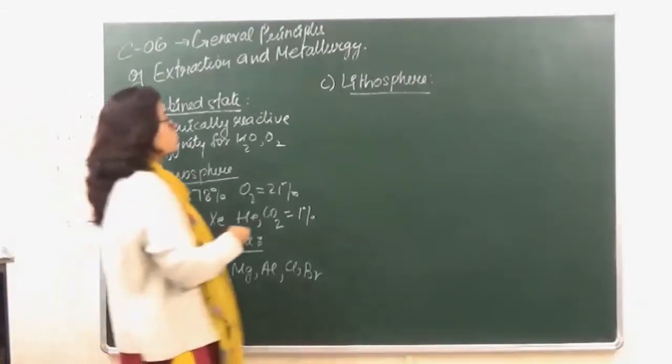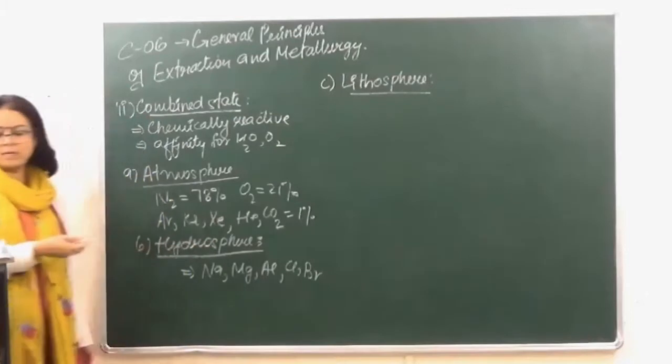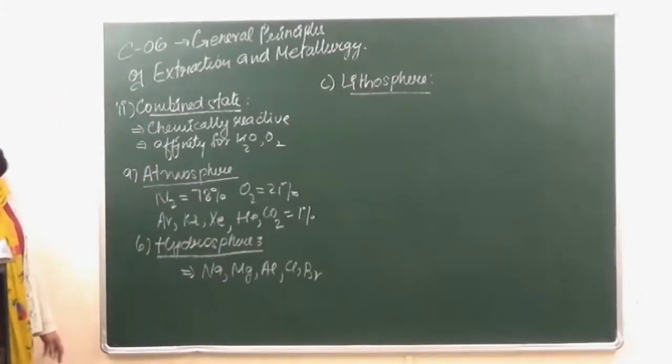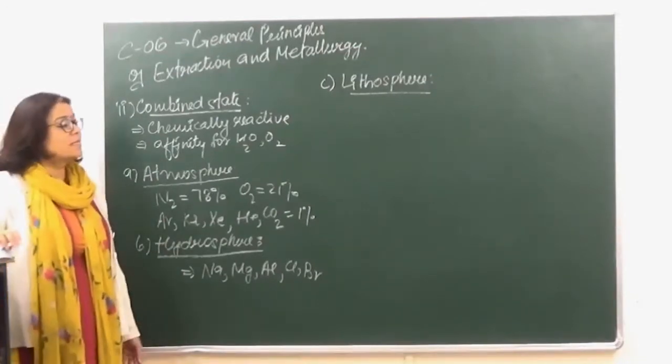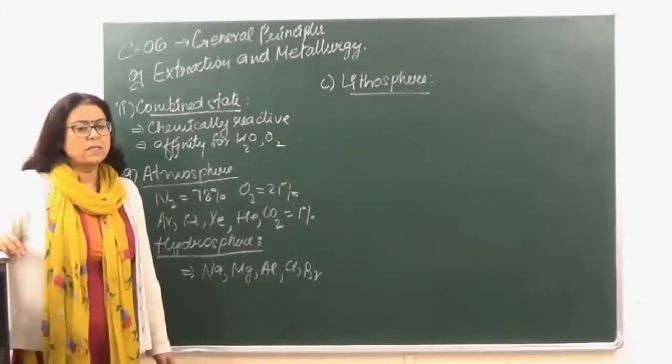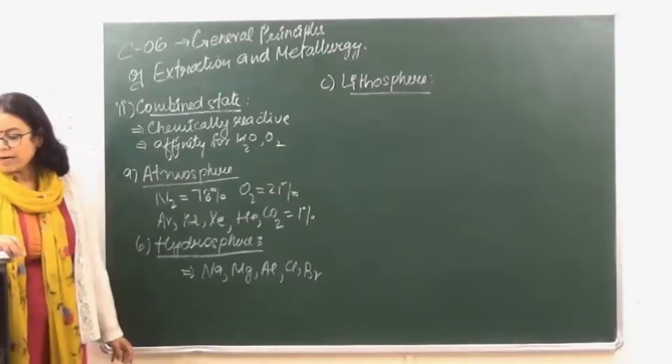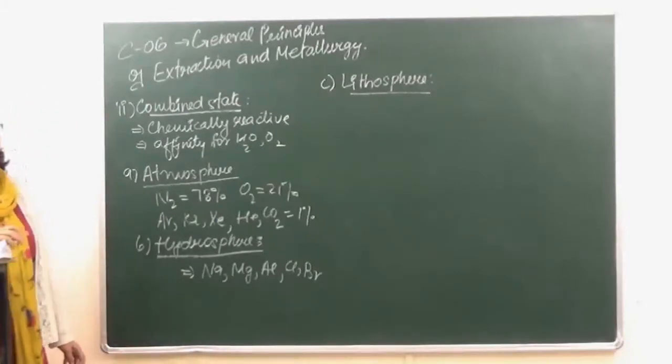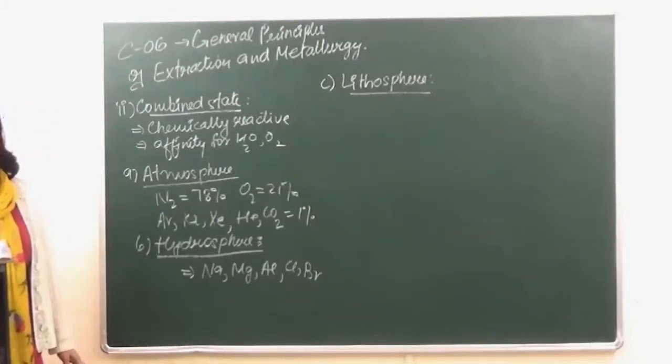For example, we just did the first 10 elements: oxygen, silicon, then aluminium, calcium, sodium, potassium, magnesium. They all are present in the same ratio as we had just discussed, the 10 elements which are present in abundance. Okay? Now apart from this, as we did, titanium we did last at 0.4%.